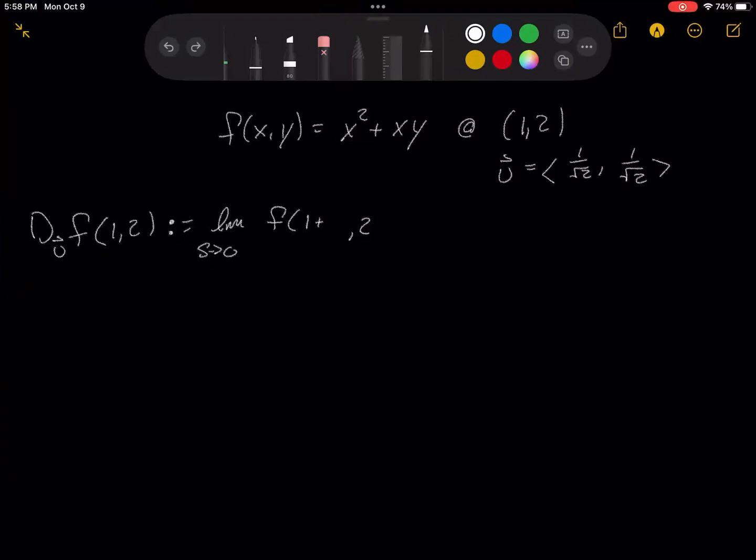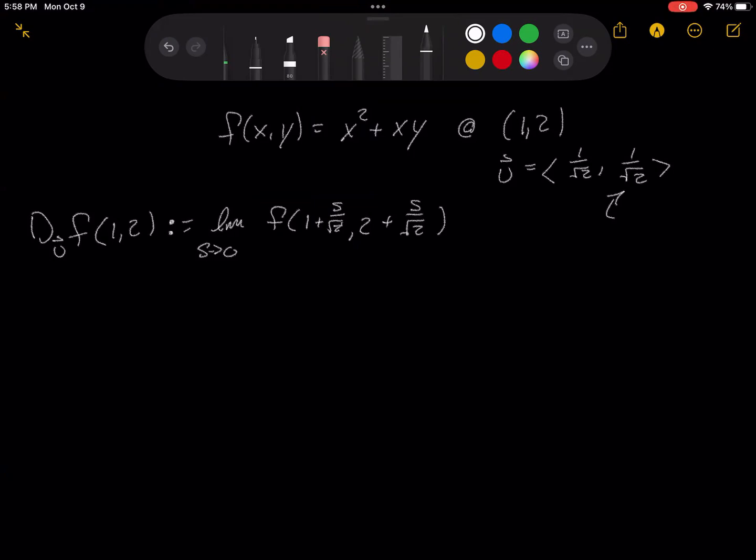So I'll take 1 and add s over square root 2, because that's the direction of my x component. I'll take 2 and add s over square root 2, because that's the direction of my y component, right? And s is the number that travels me along that direction.